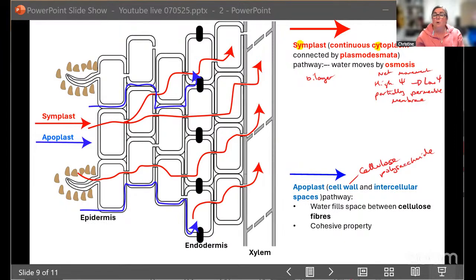That cellulose polysaccharide is insoluble, so therefore it's not going to affect the water potential. So what we have instead with the apoplast pathway is that water is going to fill the spaces between the cellulose fibers.